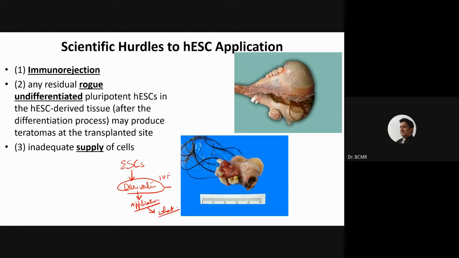The problems. So basically, if we are trying to find or enhance the embryonic stem cell technology, then it's not just that we know the greatest things or the positive things of it. We should also know about the problems associated with it.